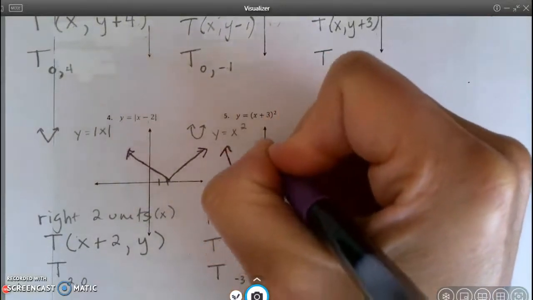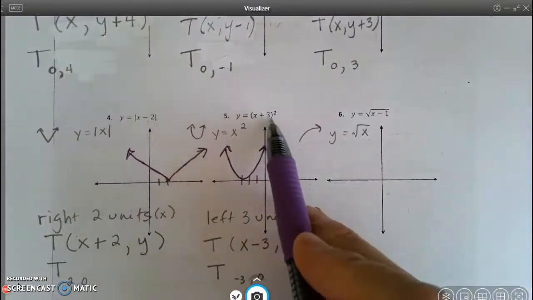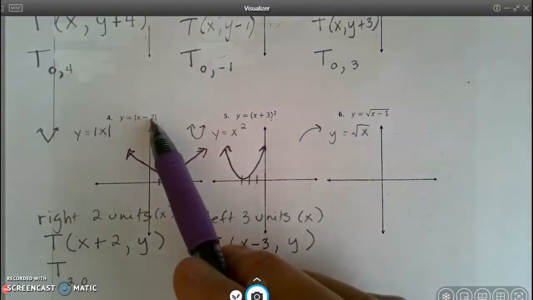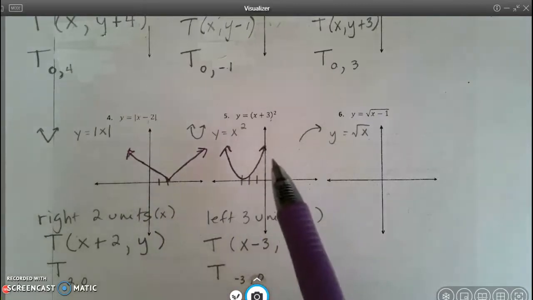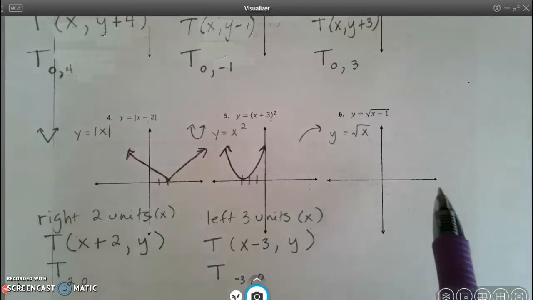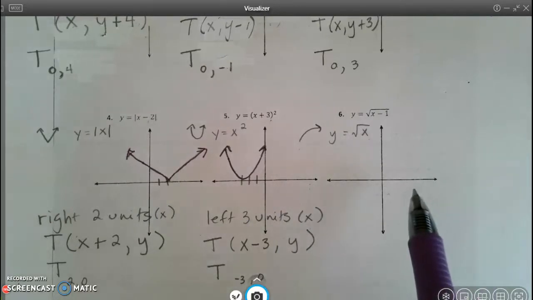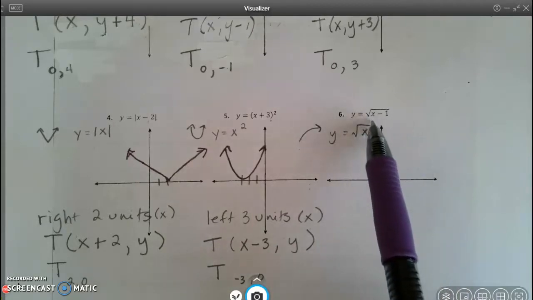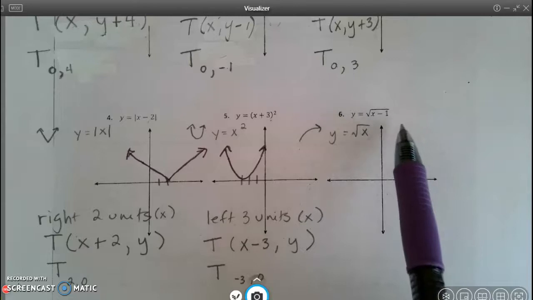Alright, well, I'm finding this interesting. When this said plus 3, it went to the left. This said minus 2, it went to the right. It seems to do the opposite of what we're expecting. So let's think about number 6. I'm thinking it would go, well, since it's underneath, it's in the grouping symbol.